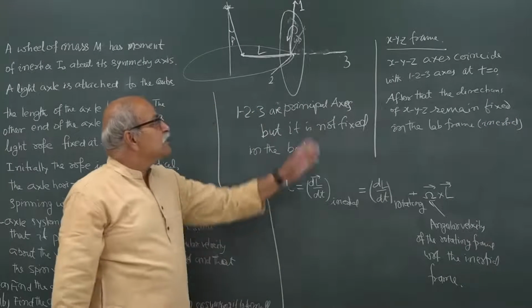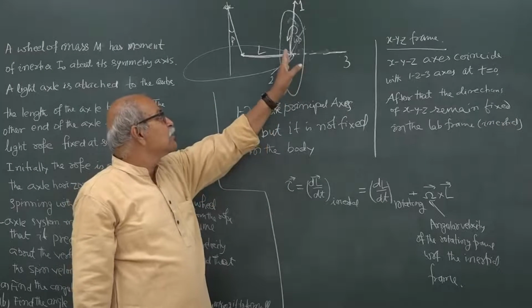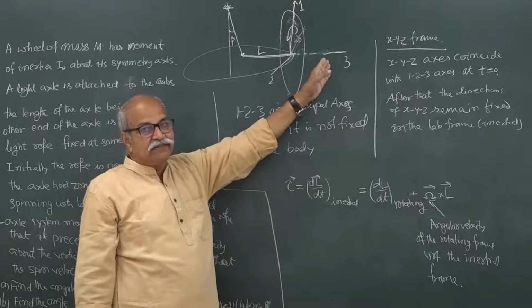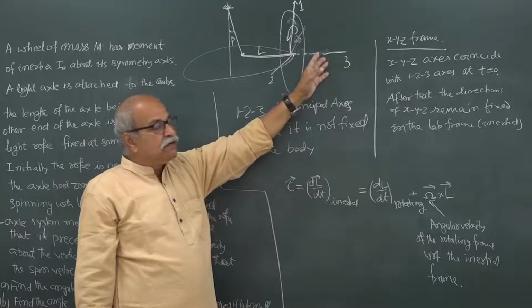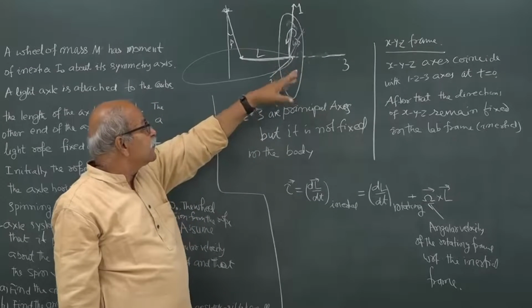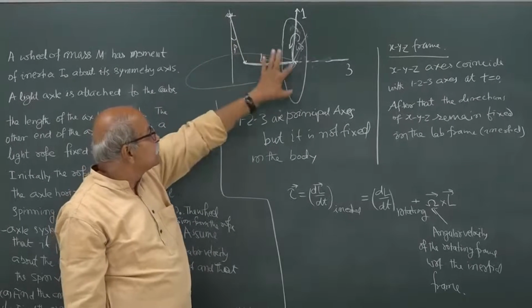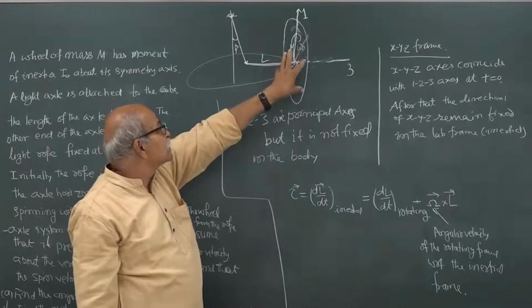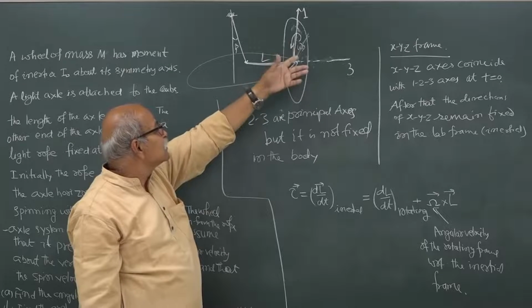So, carefully see what this XYZ frame is. At t equal to 0, this is x, this is y, this is z, fine. But after some time the wheel goes somewhere else, and the 1 axis, 2 axis, 3 axis, they are all rotating.